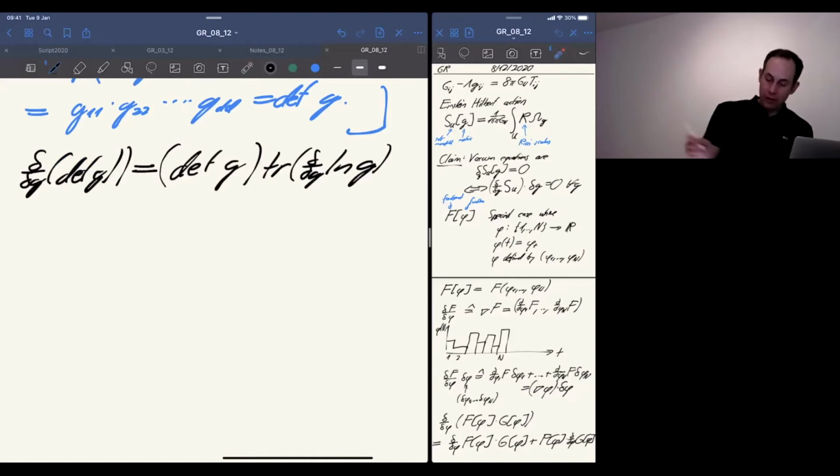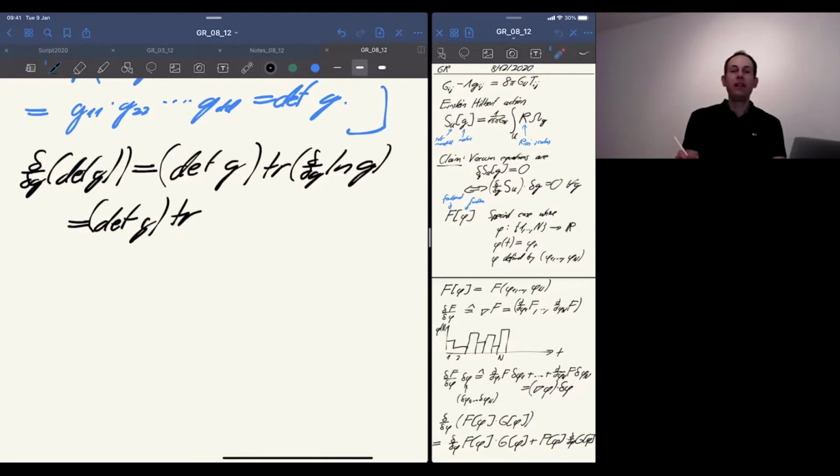Now it's really just a matter of calculating things. So we have the trace of this inner thing. The derivative of the logarithm is obviously 1 over g. So this is the inverse of g. And then we just have d to the dg.